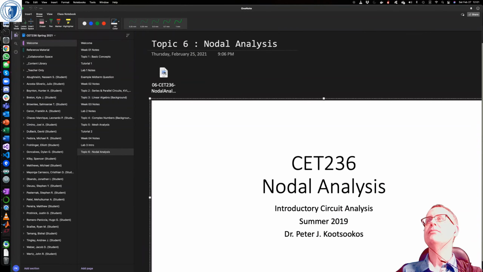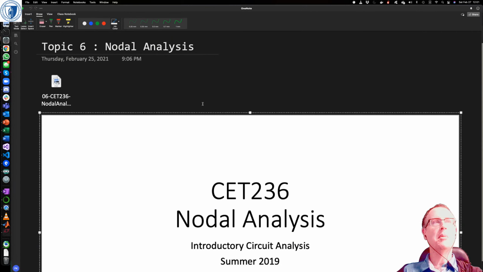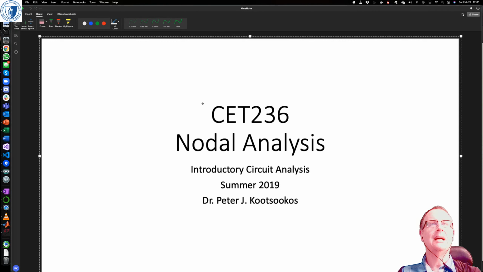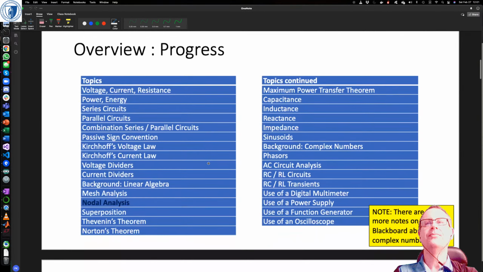So let's tackle a new subject, nodal analysis. And remember, a node is an area of constant voltage, right? As I said in the intro to this session, whereas mesh analysis applies KVL, nodal analysis applies KCL, Kirchhoff's current law, instead of the voltage law.